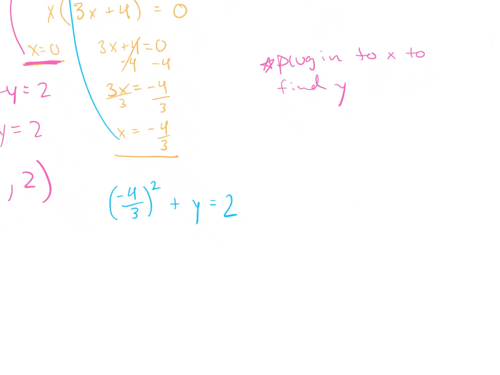When you square a fraction, you want to make sure you square the top and the bottom. So negative 4 squared would be 16, and 3 squared is 9. So 16 over 9 plus y is equal to 2. Got to move that 16 over 9 to the other side, so subtract 16 over 9.